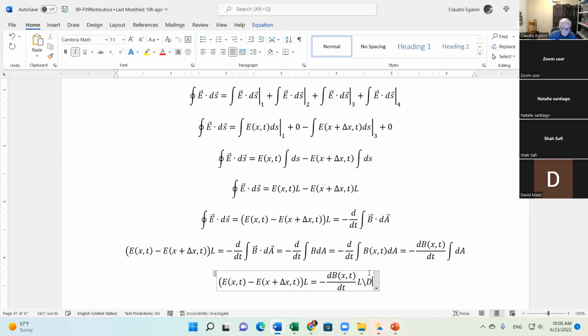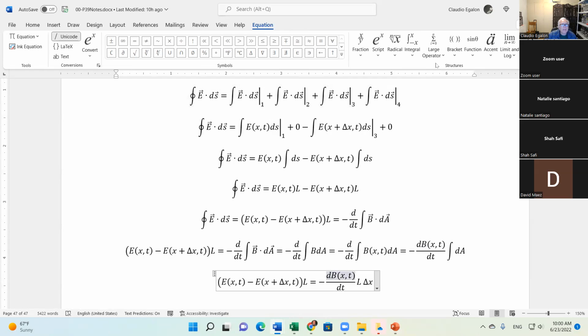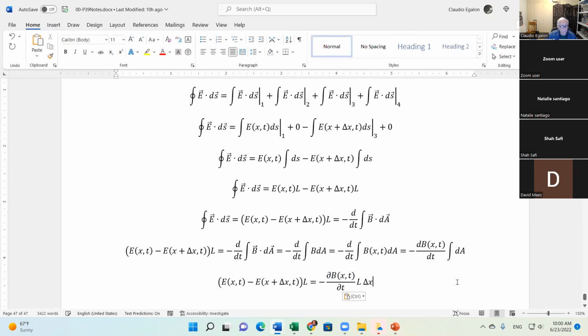L delta X. By the way, this cannot be a total derivative because B is a function of X and T. It has to be a partial derivative, not a total derivative. Partial derivative here. Partial derivative here.